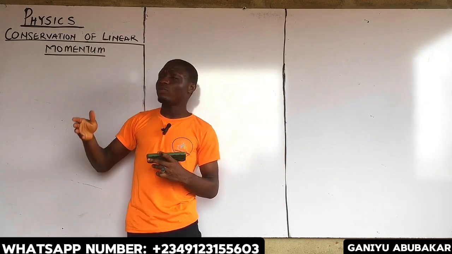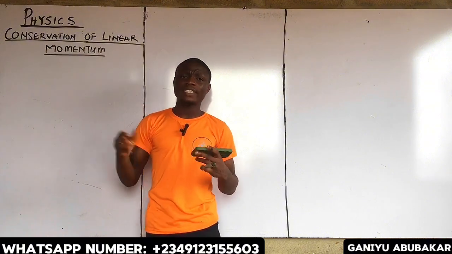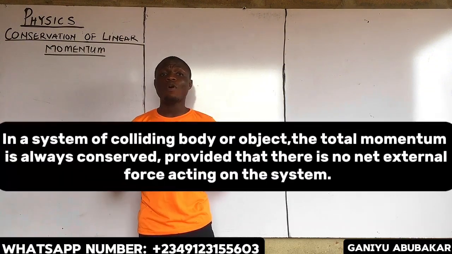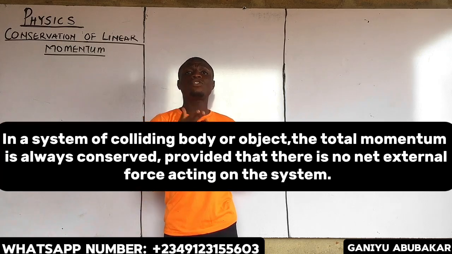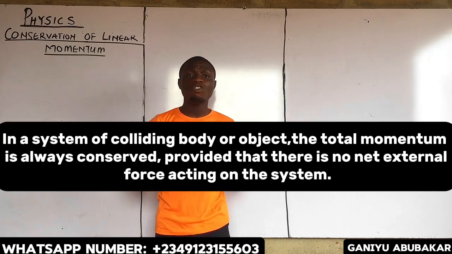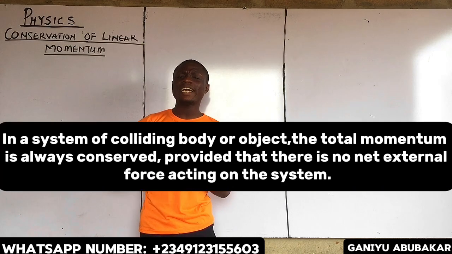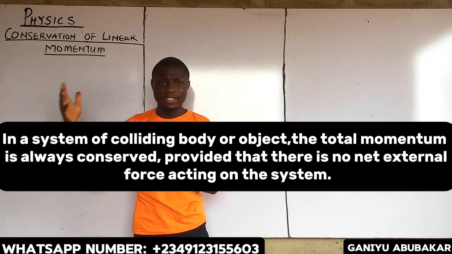Note that the principle of conservation of linear momentum states that in a system of colliding bodies or objects, the momentum is always conserved, provided that there is no external force acting on the system.